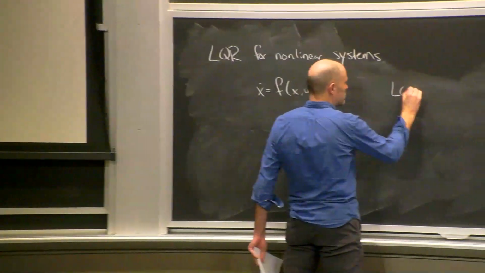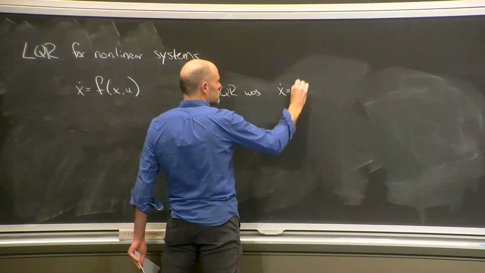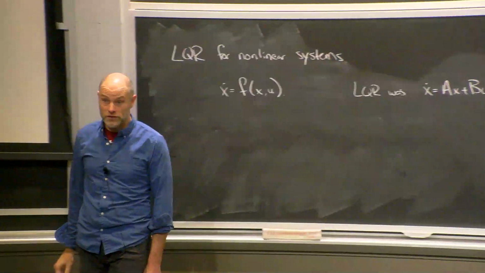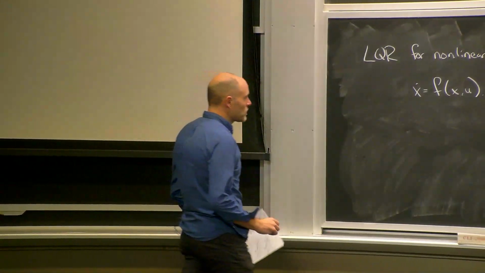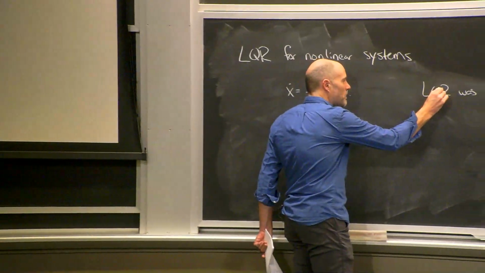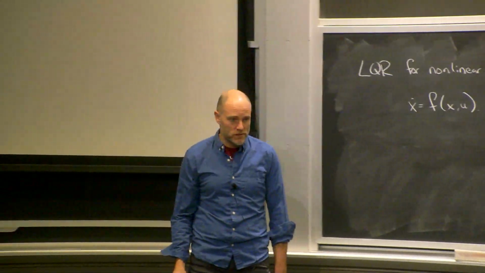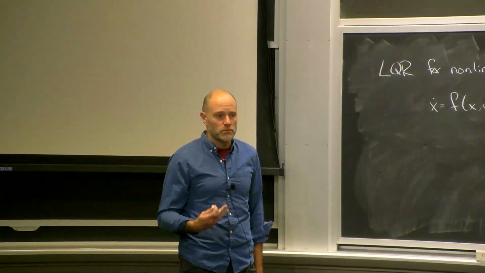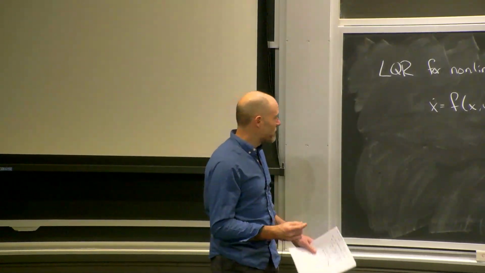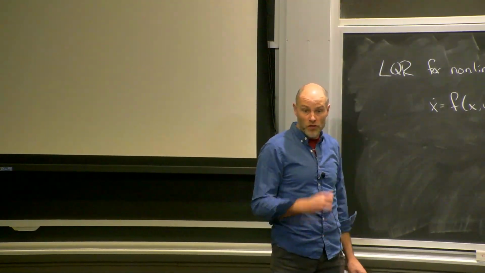LQR was for a particular form, right, the linear state space equations. So what we are going to do is take a Taylor approximation of the nonlinear dynamics to make a linearization around some particular nominal operating point. Okay? So that's an operating point in both x and u. If you want to linearize these, you have to give a nominal x and a nominal u, all the arguments.